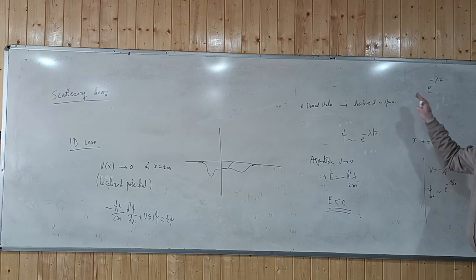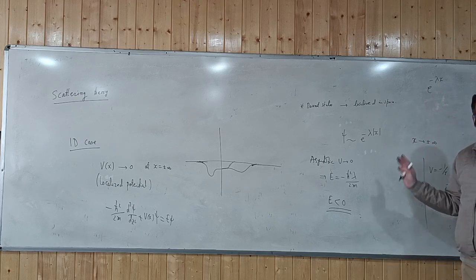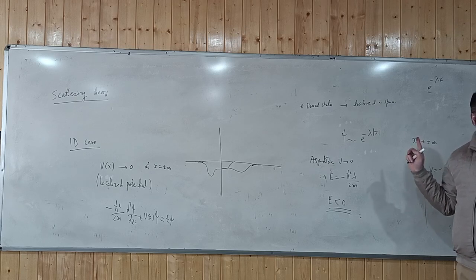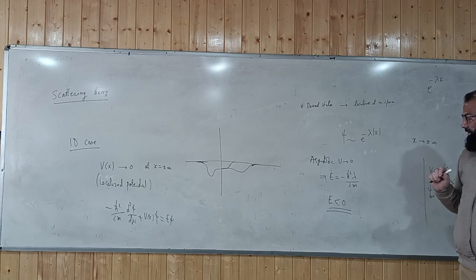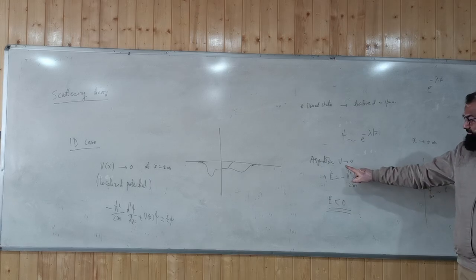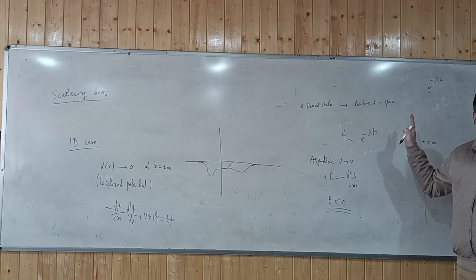And the other way around, if it goes to 0 at x equal to minus infinity, at x equal to plus infinity it will blow up. Got it? So those solutions are non-normalizable solutions. It is actually the potential that helps us to normalize these solutions. Got it?